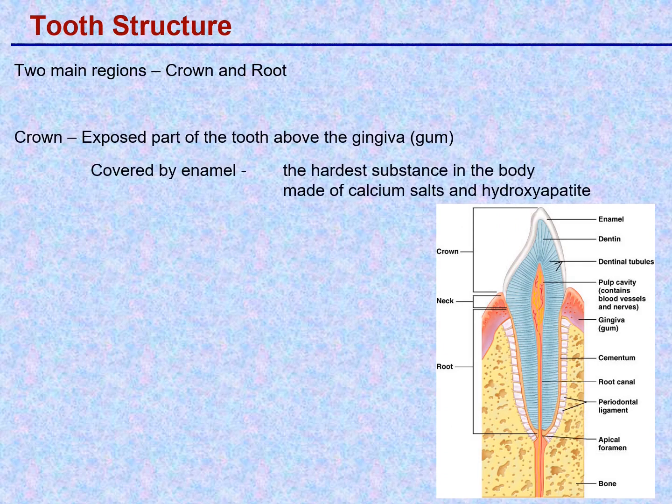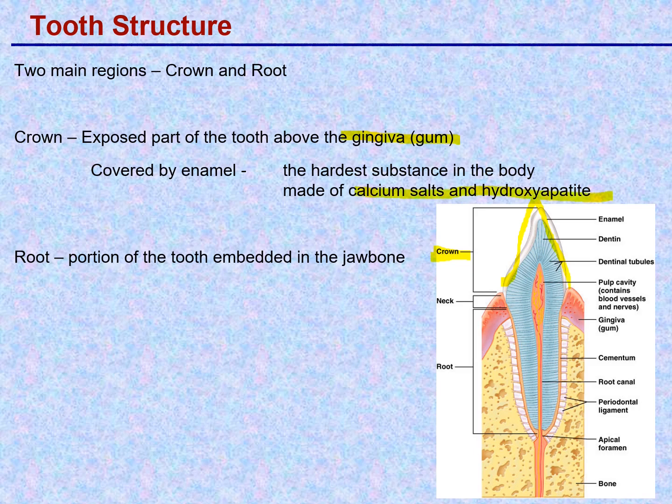There are two major regions to a tooth, the crown and the root. The crown is the area that you see that's exposed above the gums or gingiva. It's covered with enamel, which is an extremely hard material made of calcium and hydroxyapatite.